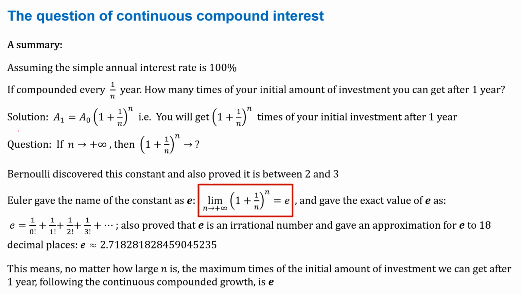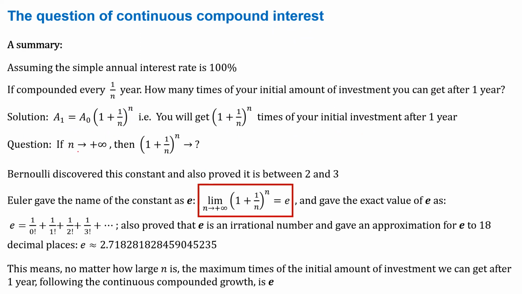So using the same logic, we know that A1 should equal A0 times 1 plus 1 over n to the power of n, right? Which means you will get 1 plus 1 over n to the power of n times your initial investment after 1 year. Okay, so here naturally we want to ask a question.